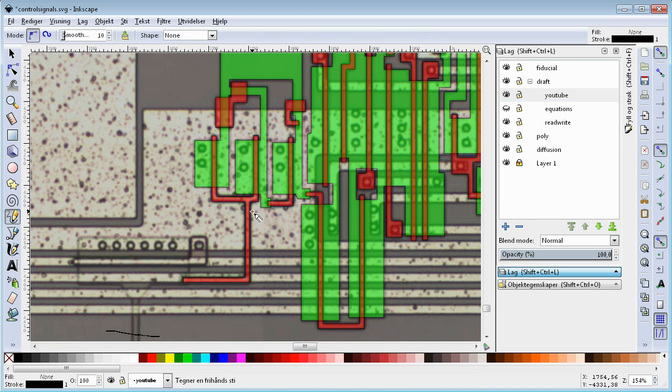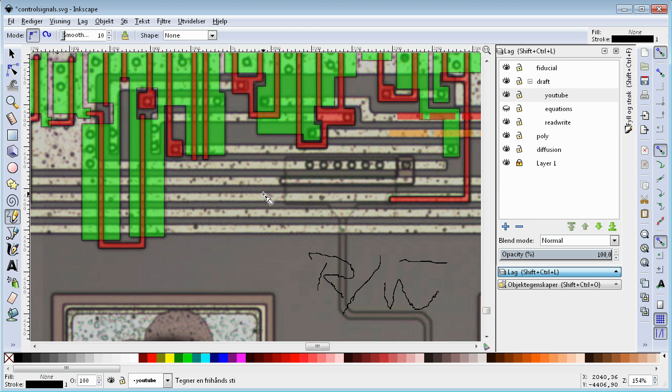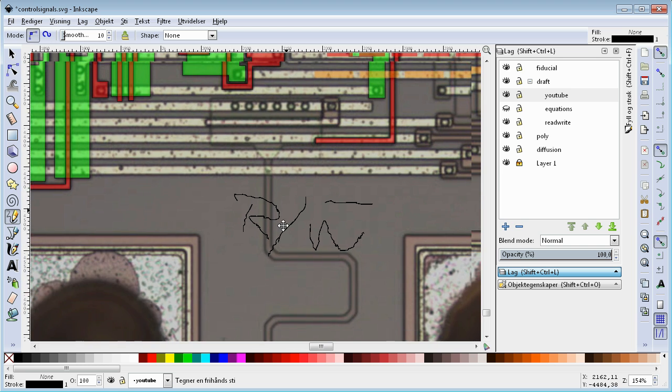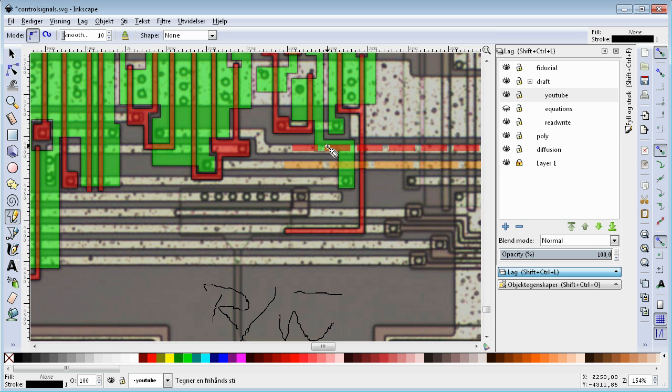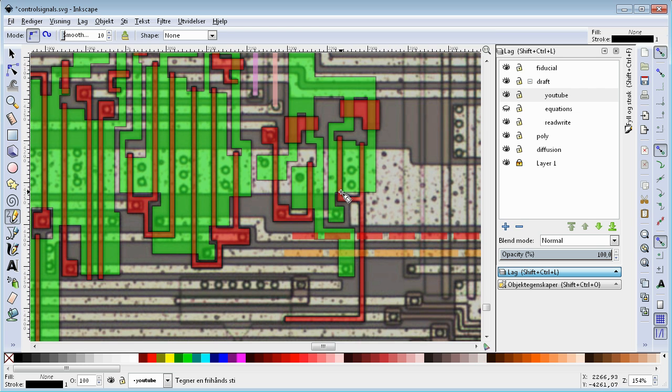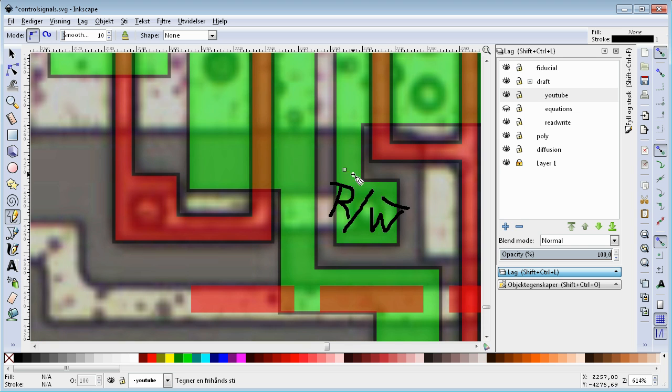It's easy to see because the output can only pull it down, and this part here pulls it up again, so this must be chip select, non-inverted. And then up here you have read/write inverted.